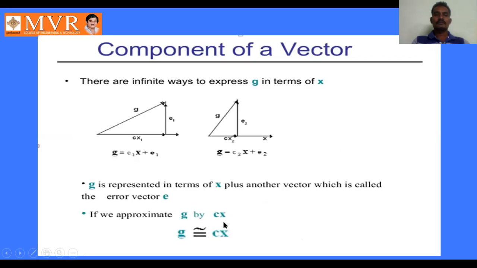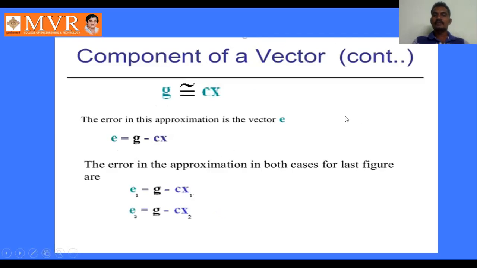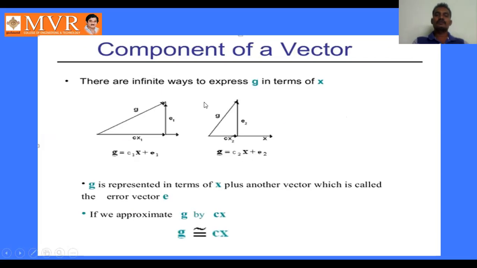Next, component of vector. There are infinite ways to express g in terms of x. From that infinite number of examples, for our convenience, we will take two examples. In the first example, g can be expressed as g equal to cx1 plus error function e1. Similarly, g can be expressed as cx2 plus e2.